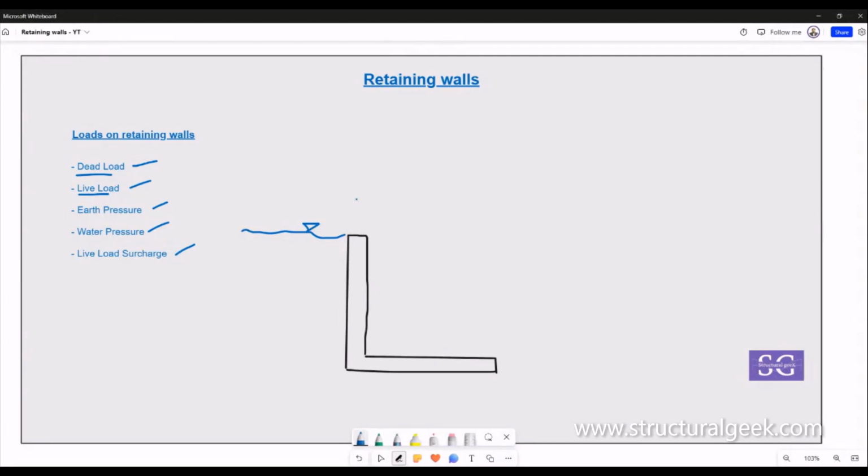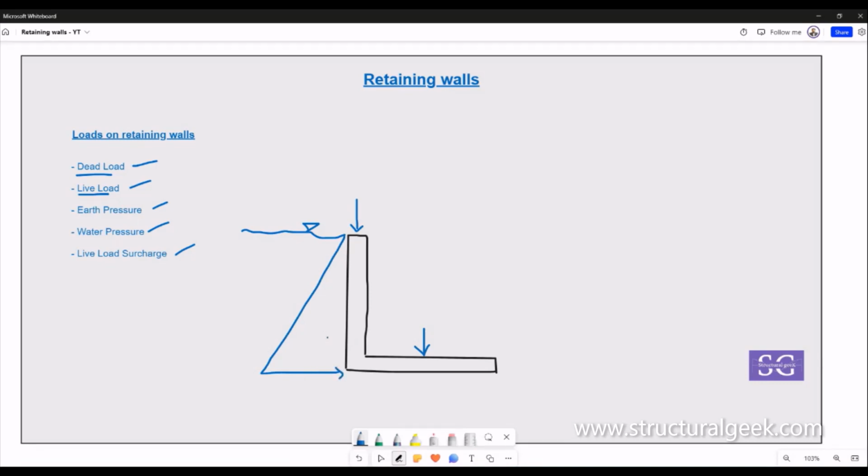Dead load usually comes from the retaining wall stem. This part of the retaining wall is called the stem, and it also comes from the base slab. So it is the vertical dead load that is coming. Live load is very seldom found. Earth pressure again depends on what the natural ground level is and how much earth pressure it needs to sustain.